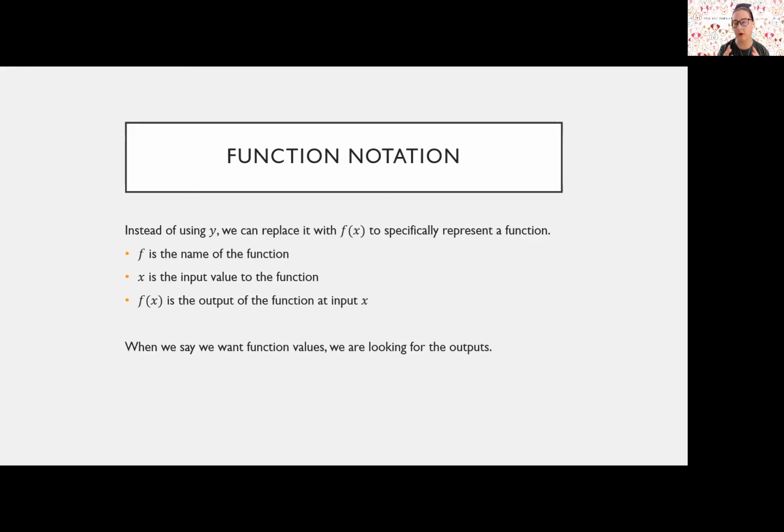So you do have to know when you see things in this notation, you're not trying to solve for f. You're not solving for x. It's grouped together as one thing. If there were no parentheses, like fx without the parentheses, that would indicate multiplication. But if they're written together with the parentheses, it's function notation.